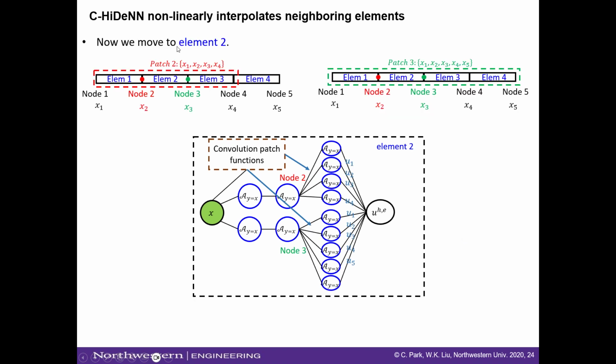Now we move to element 2. This element 2 has node 2 on the left and node 3 on the right. For node 2, the patch, which we call patch 2, consists of 4 nodes, x1 through x4. And for node 3, the patch nodes are x1 through x5, because node 3 has 2 nodes on the left and 2 nodes on the right.